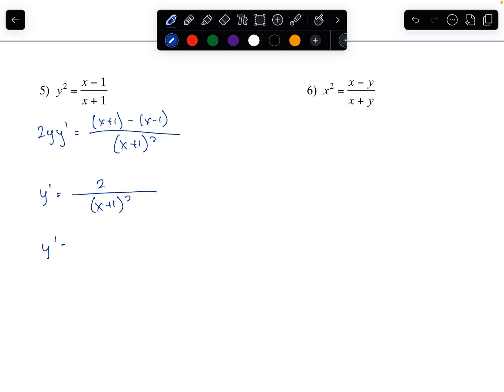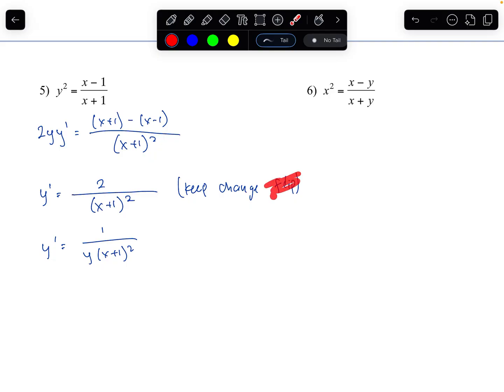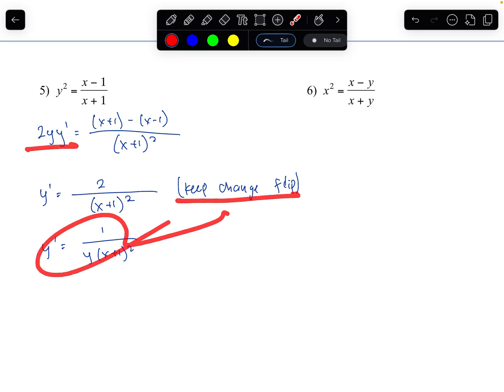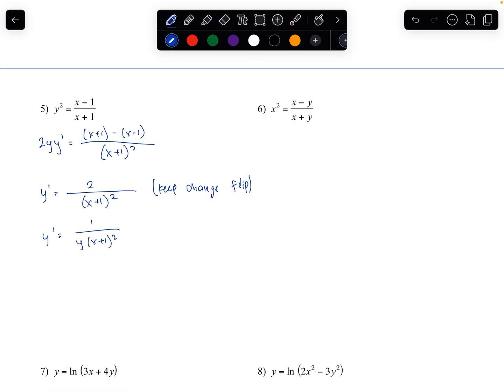So y prime will be equal to 1 over y x plus 1 squared. I'm just going to put this right here. Keep, change, flip, so that you guys don't flip out whenever you see this right here. Get it? Because I know you guys are going to be like, wait a minute. How do you go from here to here? Well, I divided by the 2y, keep, change, flip, and that's how I got that right there. Okay.